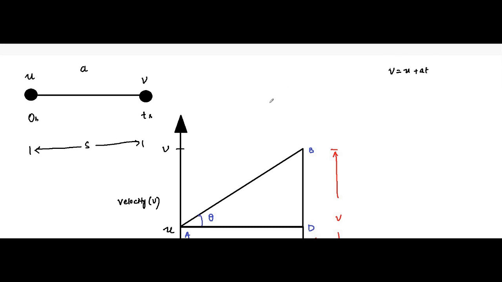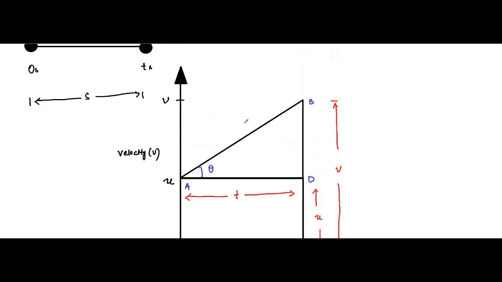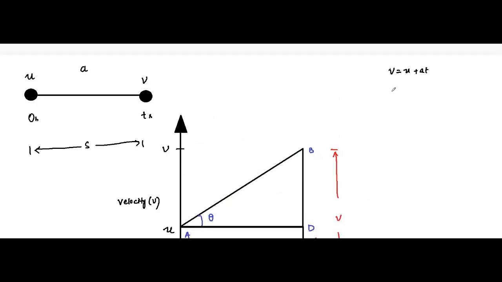Now we will be deriving the second equation of motion. If you remember, we discussed in the basic concepts related to motion in a straight line that velocity is equal to displacement by time, or displacement is equal to velocity into time.